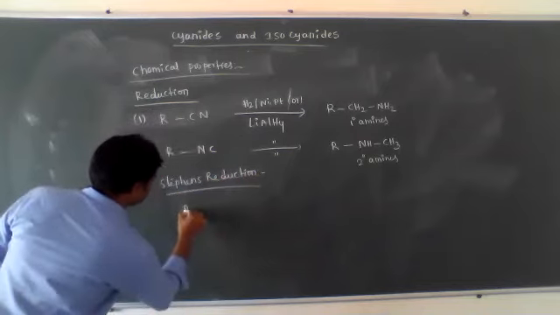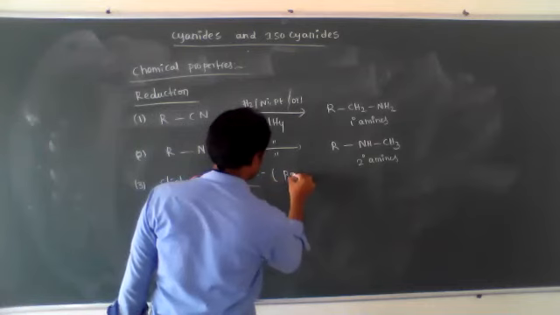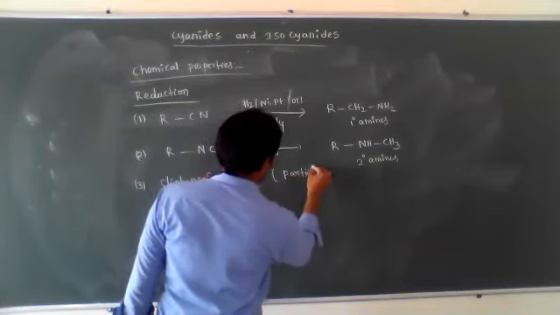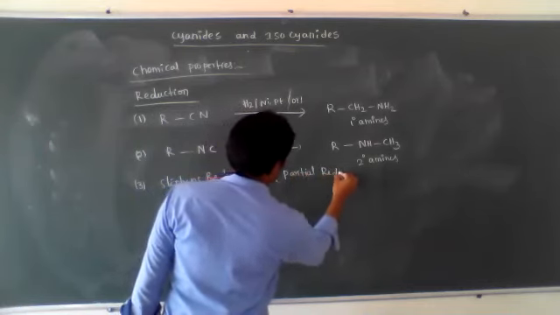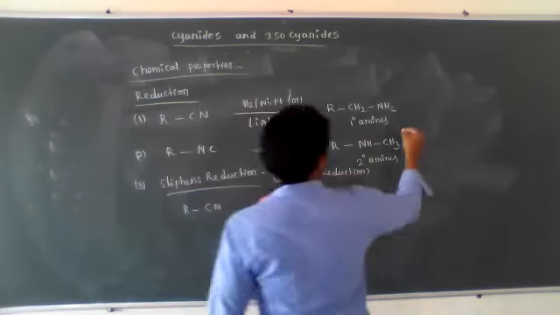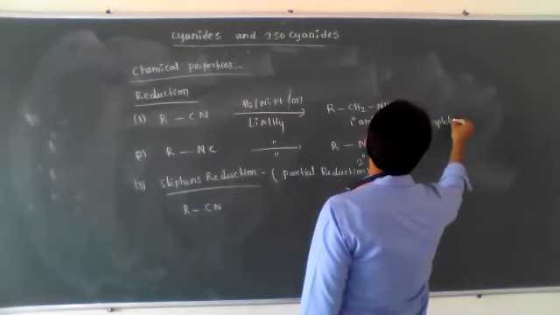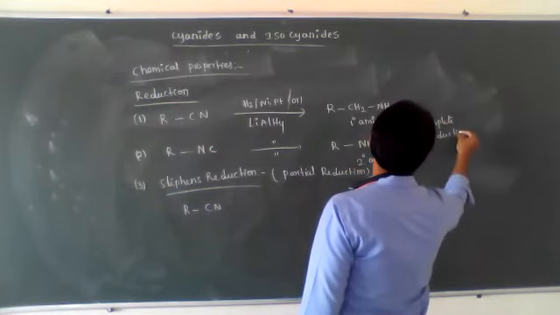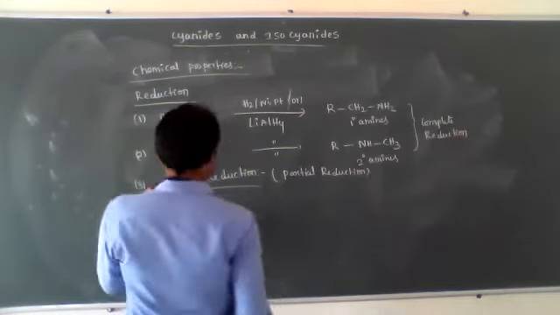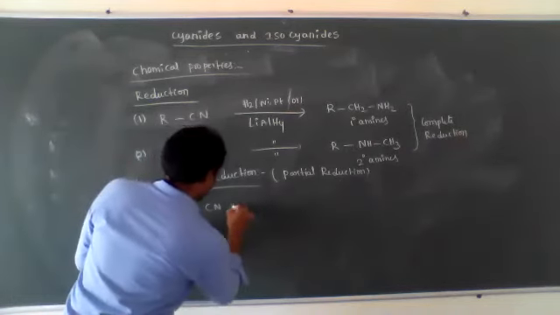What is the Stephen reduction? RCN partial reduction, whereas the earlier ones are complete reduction.